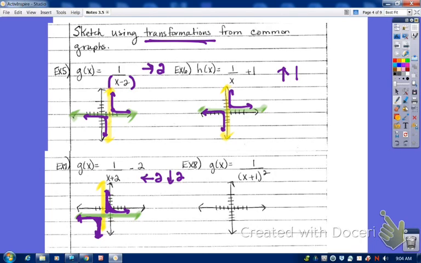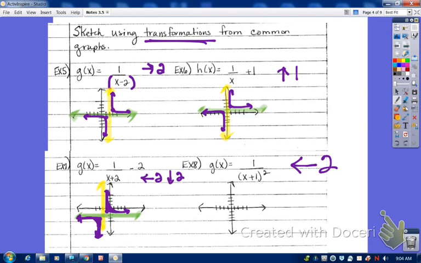Now, all three of those were 1 over x transformations. Example 8 has an x squared in it. So it's going to be that second common graph. Okay? What's the transformation in example 8? Left 1.